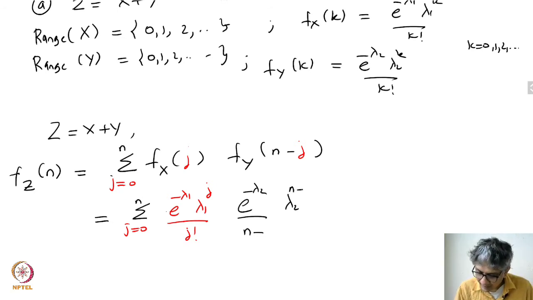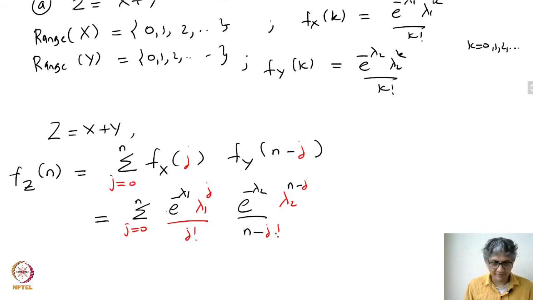All the terms that don't depend on j will be in black. This is the exact thing I have.